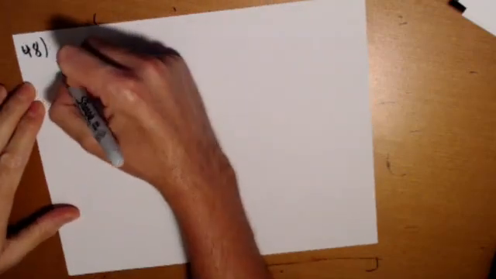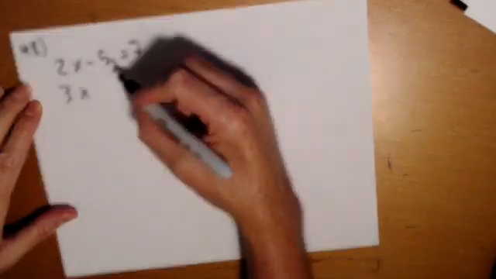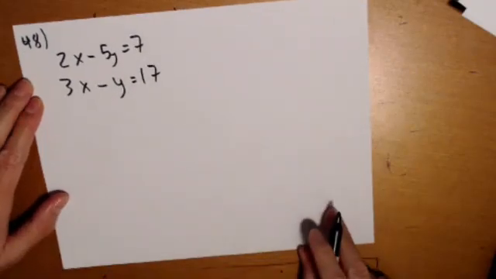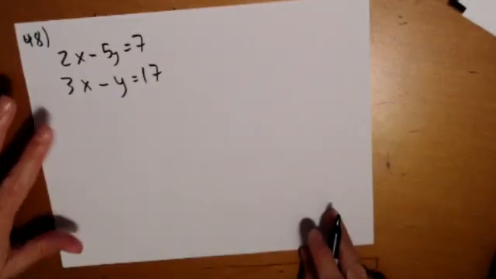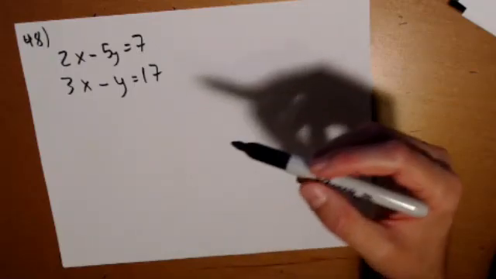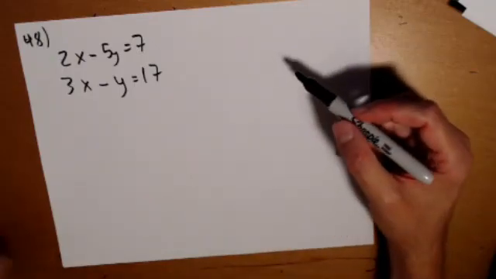Now these problems, it's just a game. It's a little riddle. So we're going straight to the elimination method because the elimination is the best method. I skipped over the substitution method because that's kind of a shortcut.